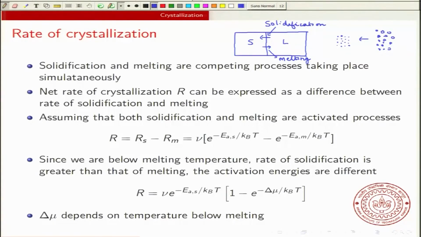If you look at the actual process of solidification, it has to nudge all the things around. So any atom or a group of atoms has to rearrange, and there is some activation involved with that. So you can say that the rate of solidification has some activation energy, and that is given by E activation of solidification. So S here stands for solidification.